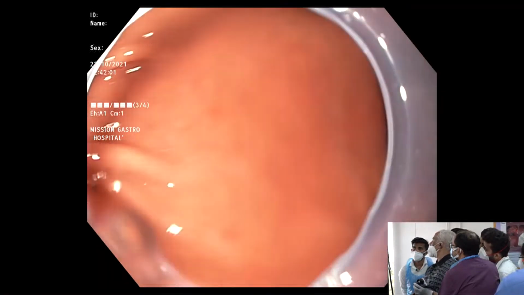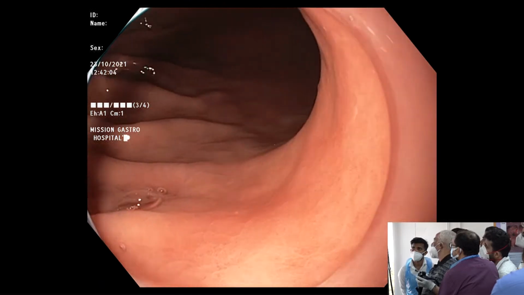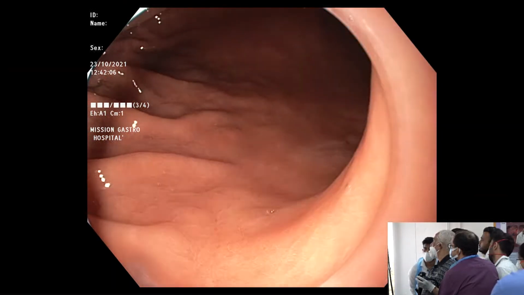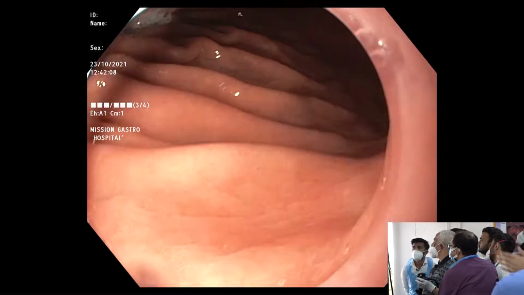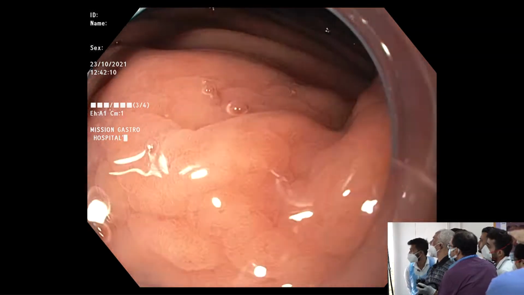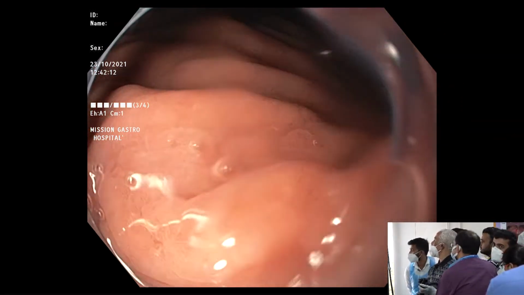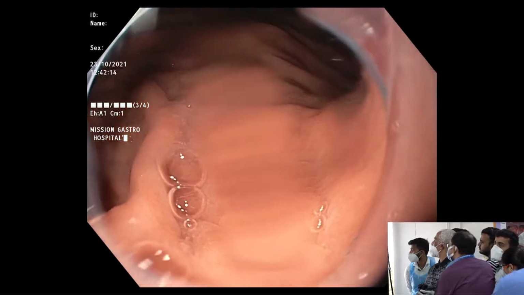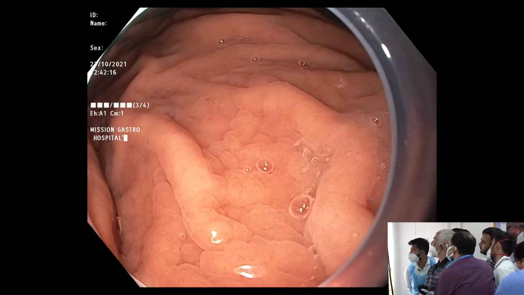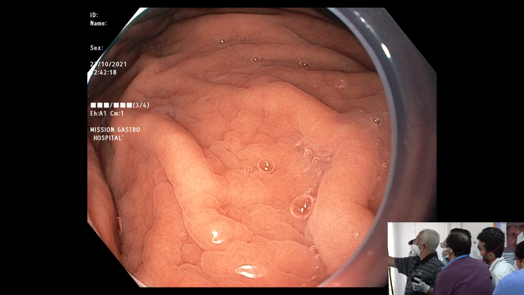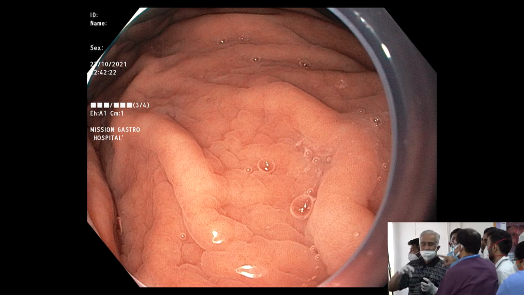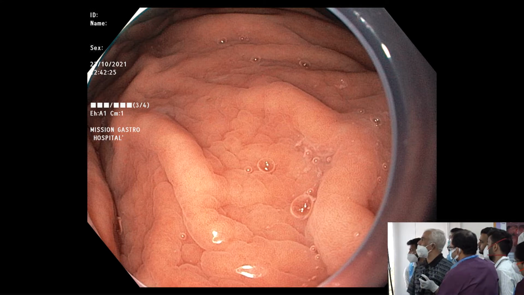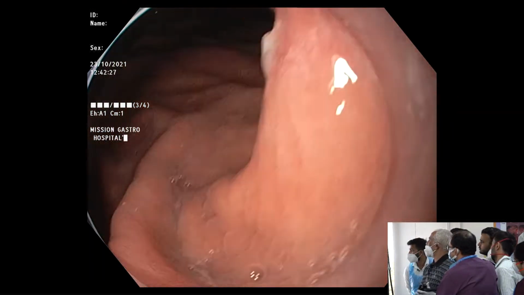Then when you put this, you have this formation of what they call area gastricae in the old literature, or the sulci formation. See this? They're forming little clumps of islets. That is one of the features.